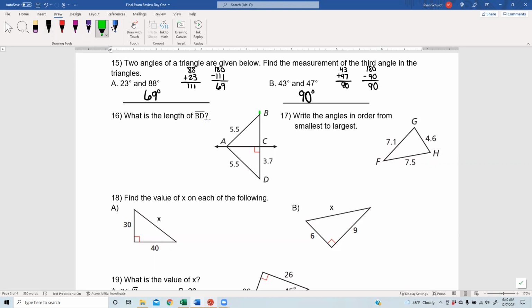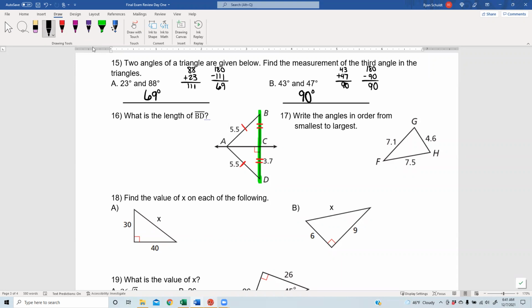16 asks us to find the length of BD. Well, there's BD. It says AB and AD are the same, which means CD and CB have to be the same.